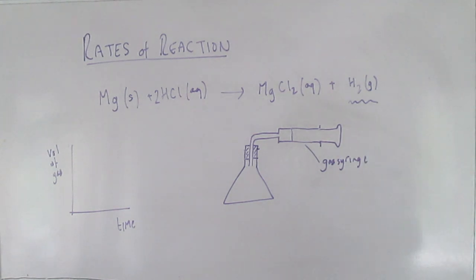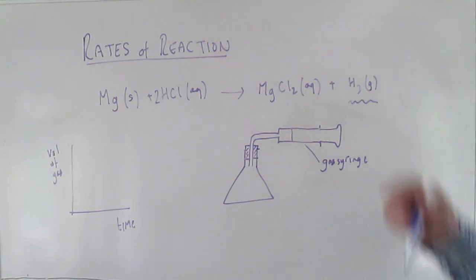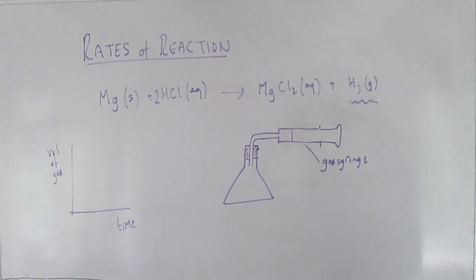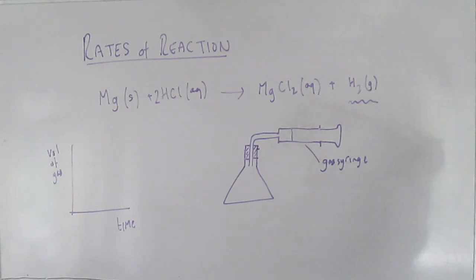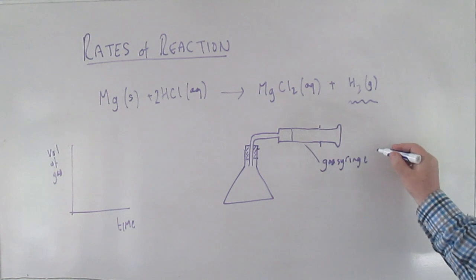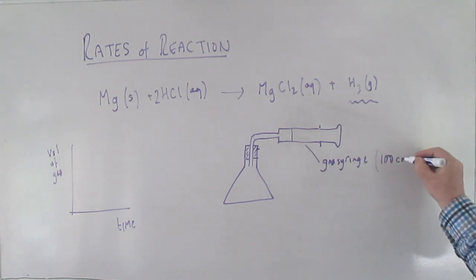And also you have to state the size of equipment that you're using when you get asked questions like this. So you would obviously need to calculate roughly how much hydrogen you'd expect. So if you work out how many moles of magnesium are reacting, you can estimate the volume of hydrogen, and if it's less than 100 cm cubed, then you could use a 100 cm cubed one.